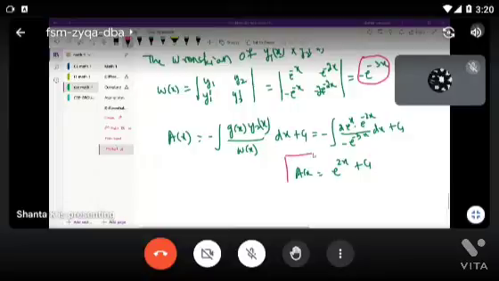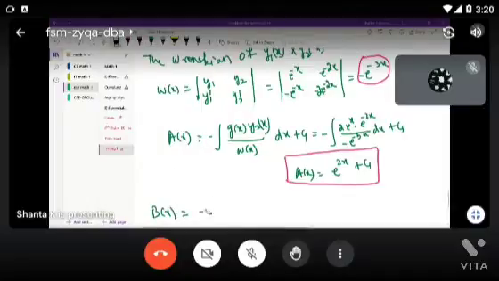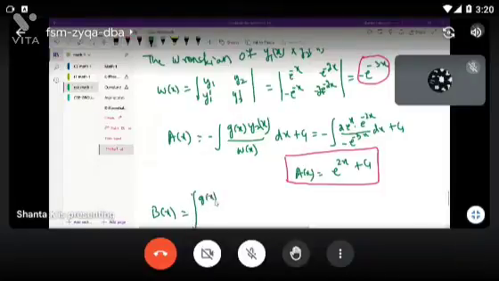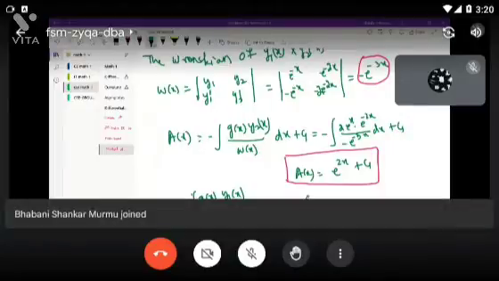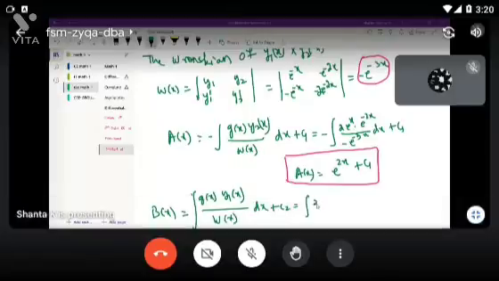Okay, similarly, you can find for the b of x. So b of x is, it's not minus sign, it's not there. So integral of g of x, y1(x) divided by Wronskian dx plus c2. g(x) is 2 e power x then e power minus x, and we divide it by minus e power minus 3x.